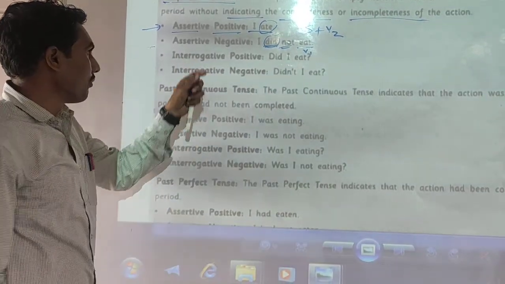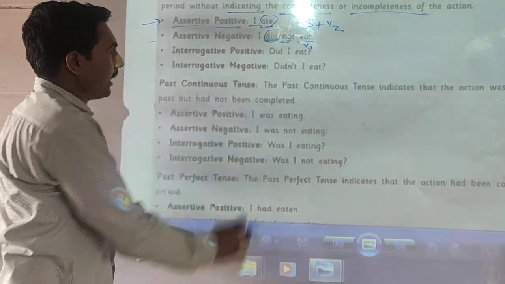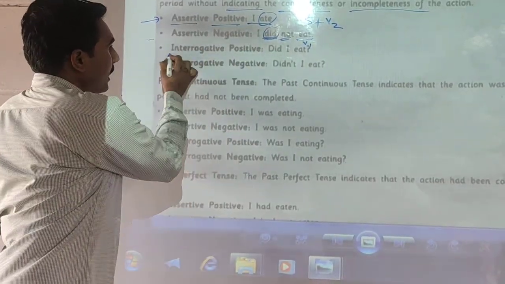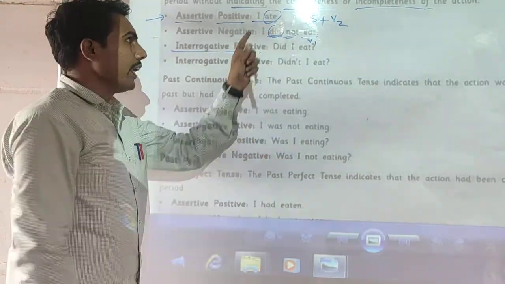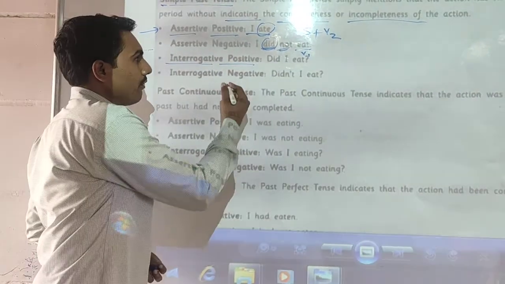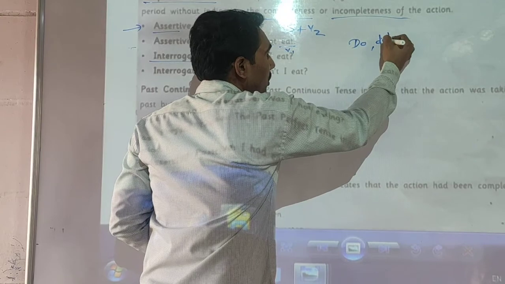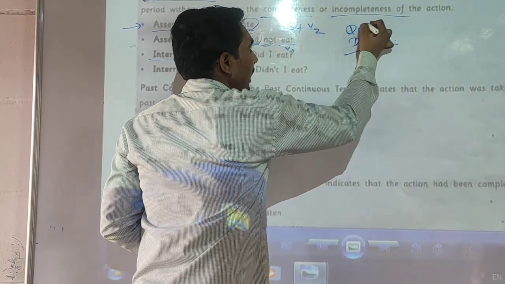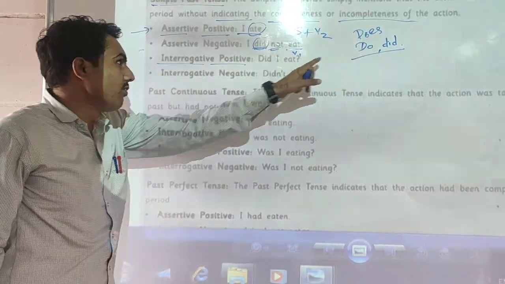Now the third one is interrogative positive. We want to convert this assertive positive sentence into interrogative positive. In this sentence there is no helping verb and we want to make an interrogative sentence, so we use do, does, did form according to sentence meaning, okay.